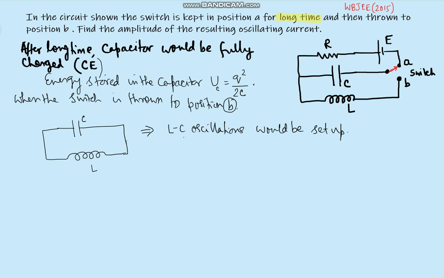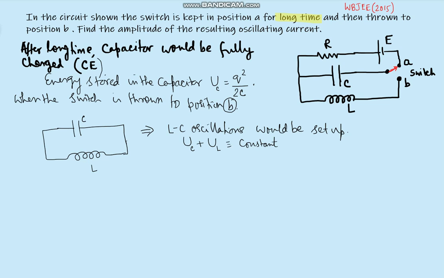The electrostatic potential energy UC plus the energy across L will remain constant, and that constant will be the same as what it was initially. So at any moment, if Q is the charge and I is the current, then Q square by 2C plus half L I square is constant.